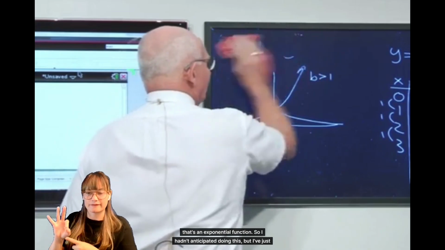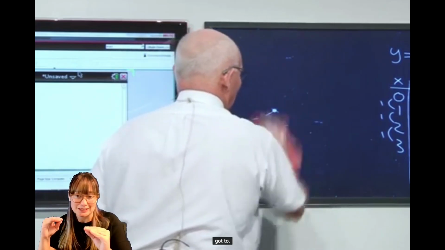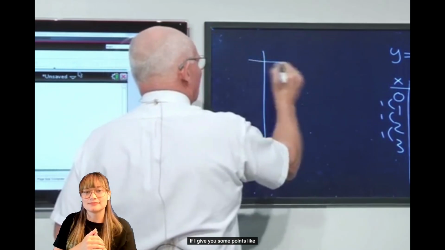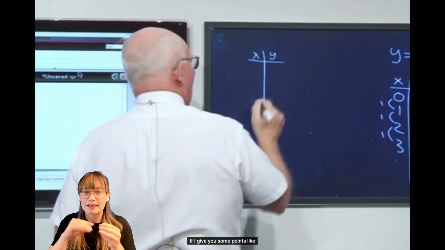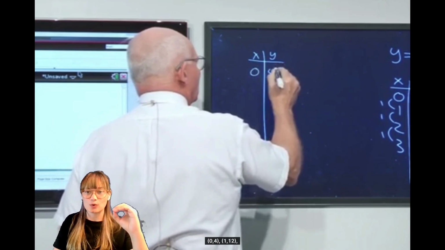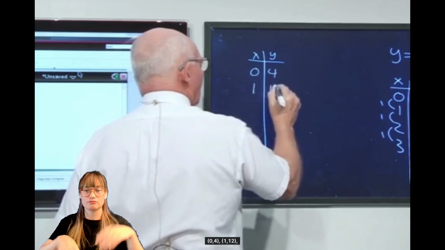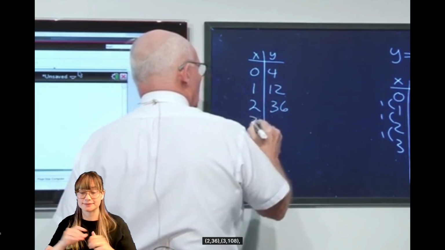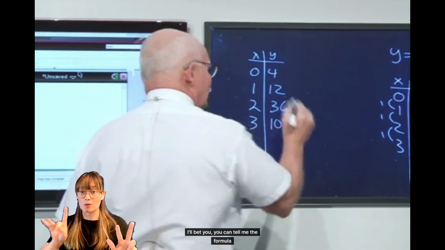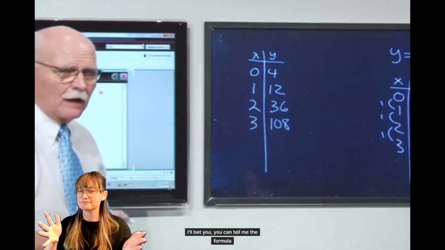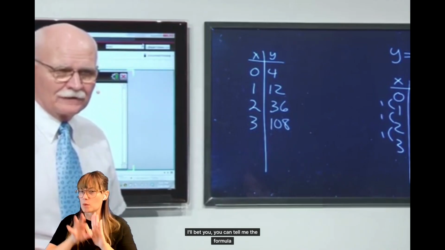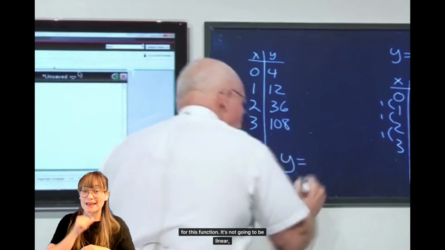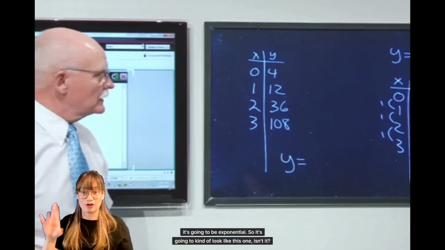So I hadn't anticipated doing this, but I just got to. If I give you some points like 0, 4, 1, 12, 2, 36, 3, 108, I'll bet you can tell me the formula for this function. It's not going to be linear, it's going to be exponential.